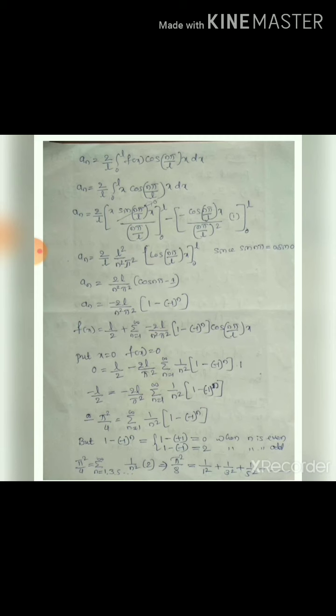Therefore, this 2 take to the LHS, or else divide both sides, LHS and RHS, by 2. Therefore, pi square divided by 8 equal to 1 upon 1 square plus 1 upon 3 square plus 1 upon 5 square plus so on. This is the deduction for your function f of x is equal to mod x.